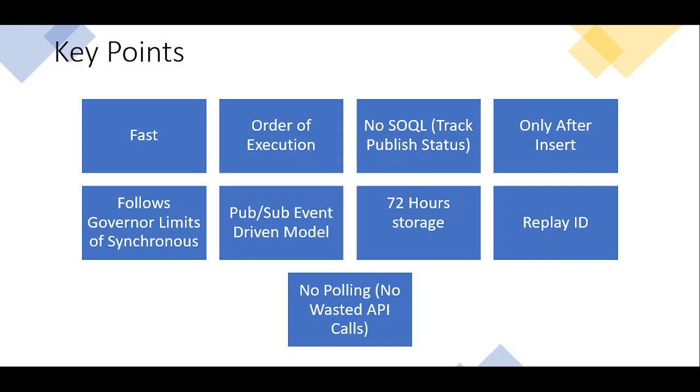Here, no polling. The concept of polling earlier was that the client would keep making REST API calls to the publisher, checking if any data had changed or anything we wanted to receive. So many API calls were wasted unnecessarily. Here, there's no polling mechanism.